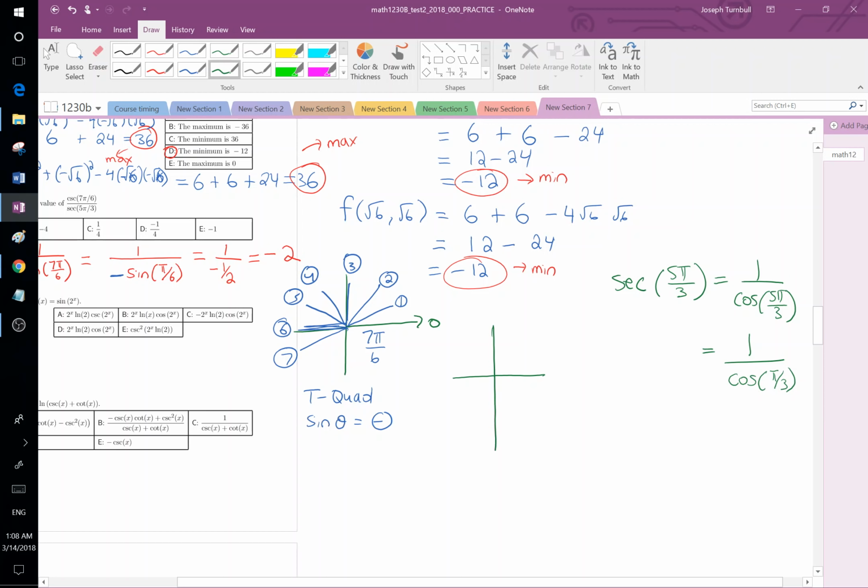So again, we draw out our CAST circle and count up the angles. So this is for 5 pi over 3. Pi over 3 is 60 degrees. Here's the first increment of 60 degrees. Now the second one brings us to 120.